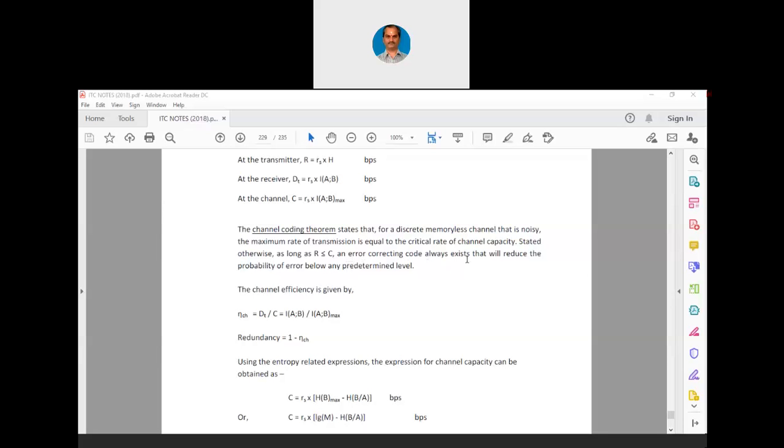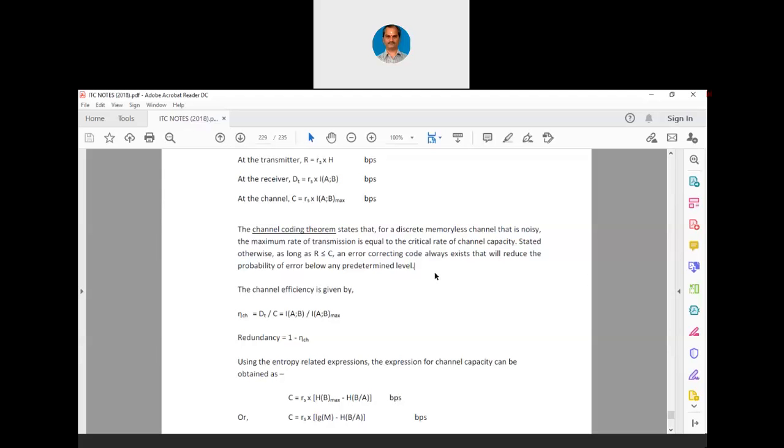That is what Shannon says here: an error correcting code always exists that will reduce the probability of error below any predetermined level. Which means as long as R is less than or equal to C, we can detect the error and correct the error, even if there is a probability of error, which will be much lesser now.